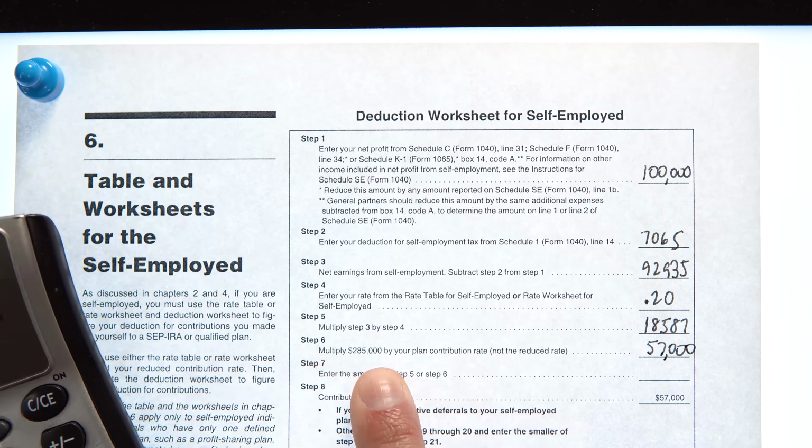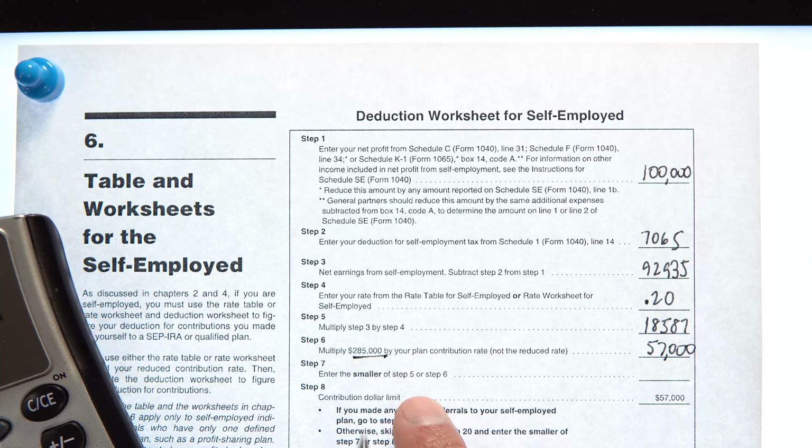The reason that we're using 285,000 here is that's the maximum amount that you can include in any of the calculations for qualified retirement plans as far as the compensation goes. So if you used a lesser multiplier, less than the 0.2, then that number is going to be smaller. So the 57,000 is the max that you can put into all retirement plans at work.